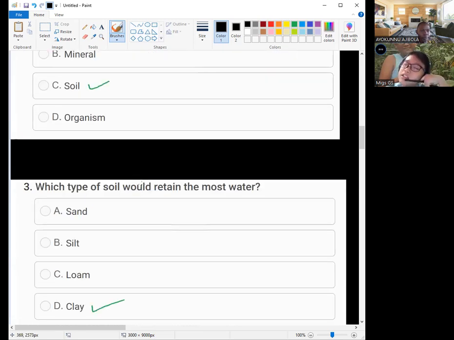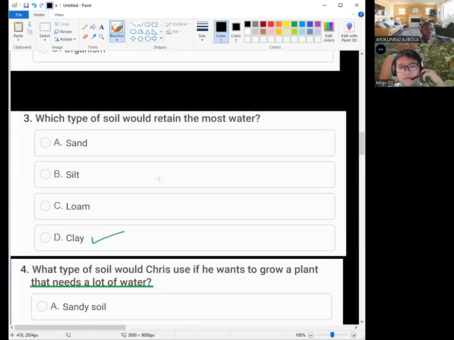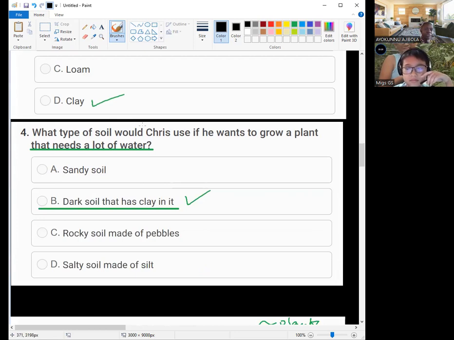Okay, now, what type of soil will retain the water most? Clay. What type of soil would Chris use if he wants to grow a plant that needs lots of water?